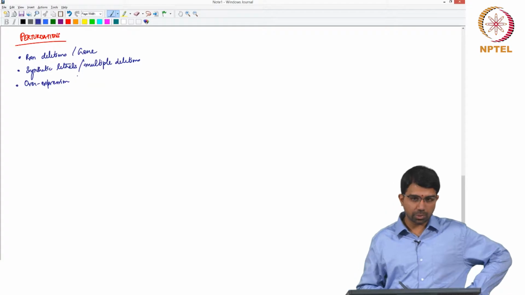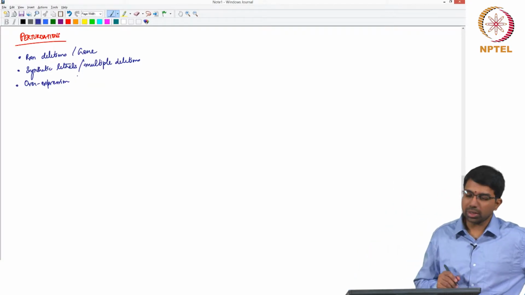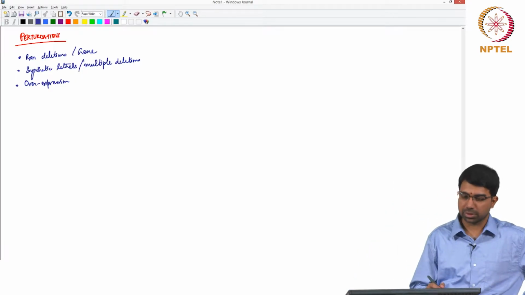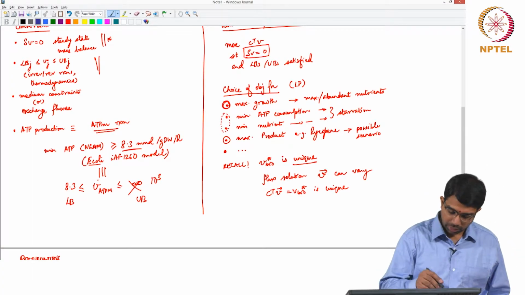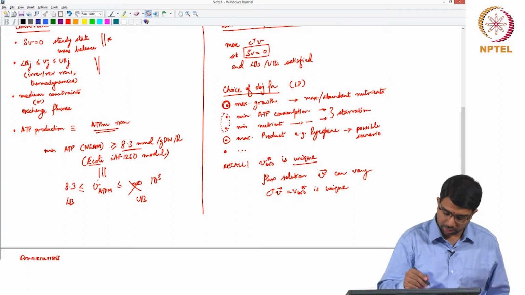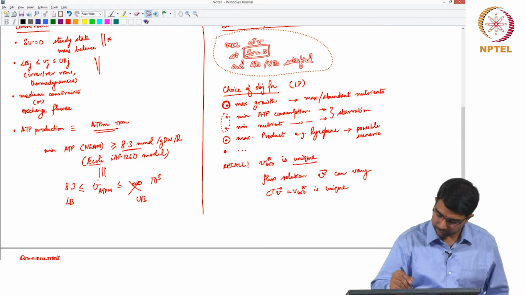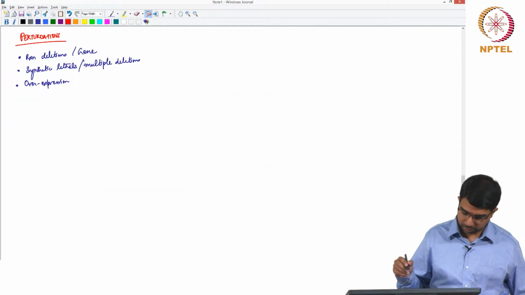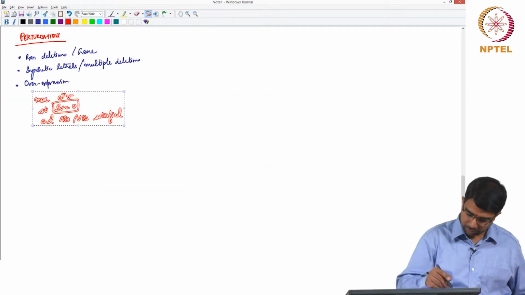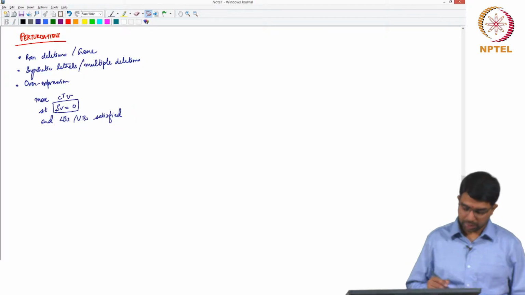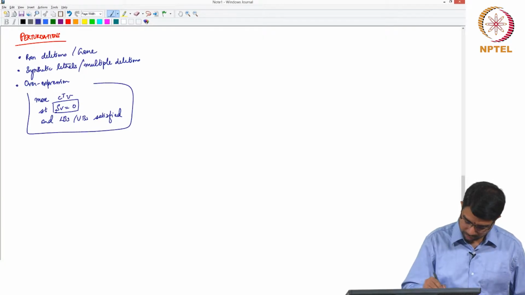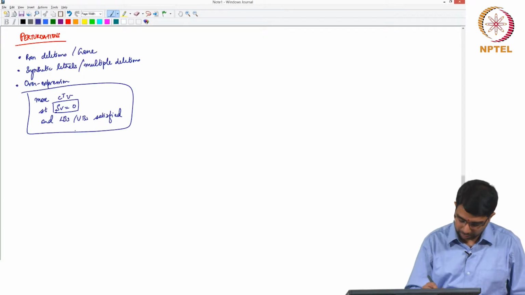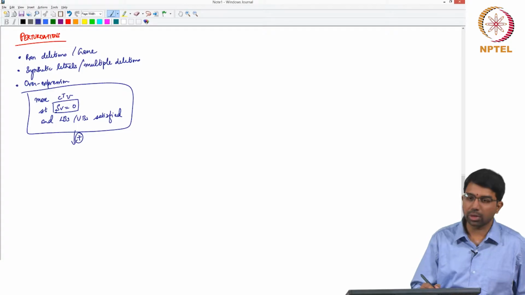Now, let us just stop for a moment and think back: how do you simulate each of these? You basically start with the original flux balance solution formulation, which is this, and plus what do you add to this?